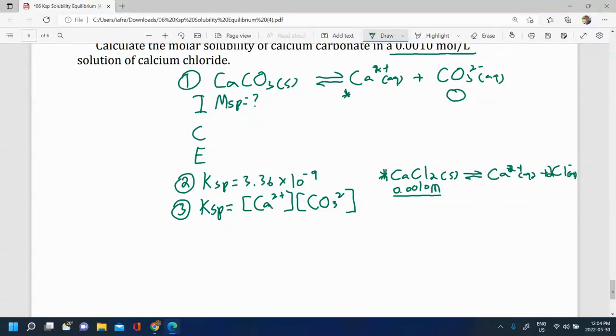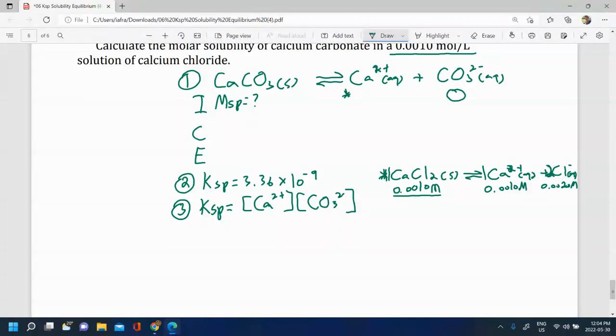So this and this are in a 1-to-1 ratio, which means I have 0.0010 molar calcium. And then this and this are in a 1-to-2 ratio, so I have 2 times that, so 0.002 molar of chloride. But I don't really care about the chloride ions because all that I care about for my ice table for my calcium carbonate specifically is the calcium.